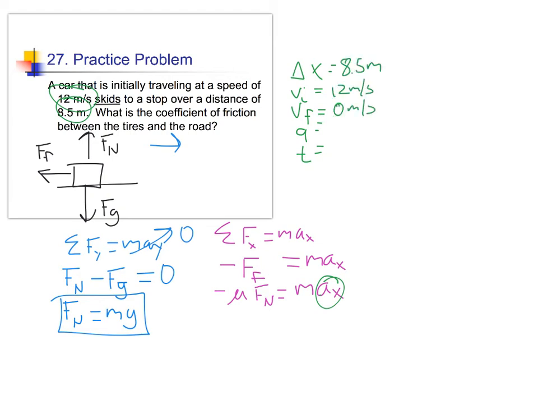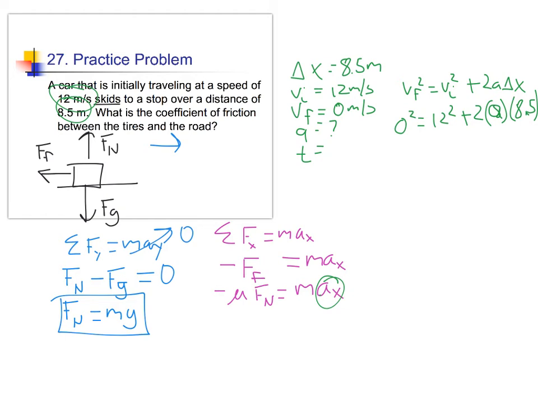So I have my distance there of 8.5, starting at a speed of 12 meters per second and skidding to a stop, so my final is 0. And I'm looking for that acceleration. I'm going to use my VF squared equation, so I can say 0 squared equals 12 squared plus 2 times a times 8.5.